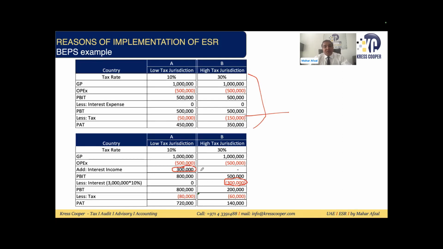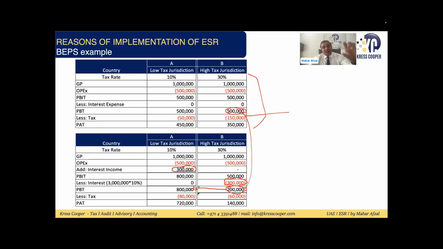Here you can see the taxable profit in the high tax jurisdiction was 500,000. When the interest has been booked in the books of B Limited, the taxable profit is now 200,000. Out of this 500,000, 300,000 has been shifted from the high tax to the low tax jurisdiction because one transaction has been executed for the loan.